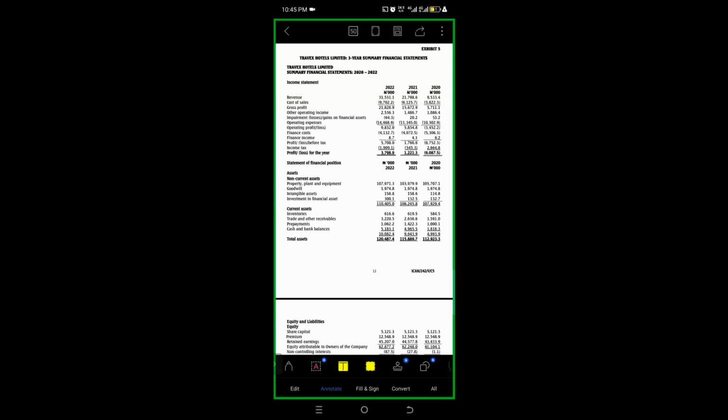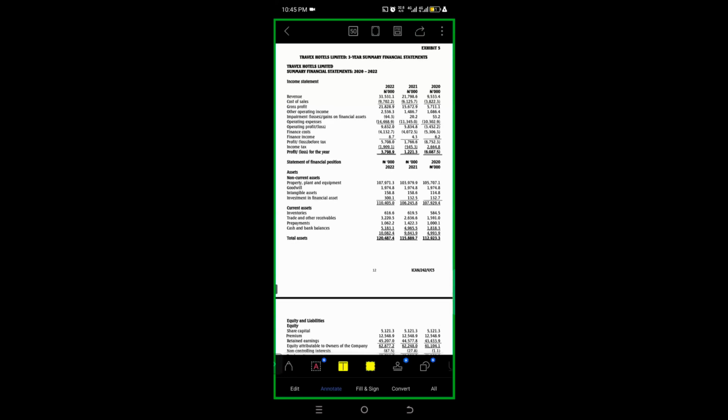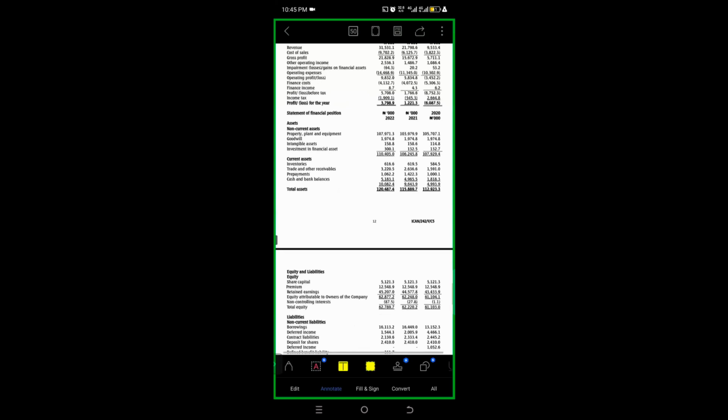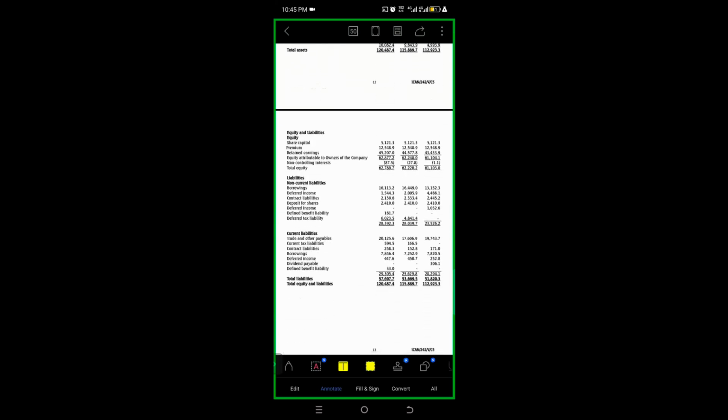Their borrowing over the years is reducing, but the reduction is not reflecting in their finance costs, because when you look at how their borrowing is reducing over the years, it's not in tandem with their finance costs. You mean their borrowing is reducing?